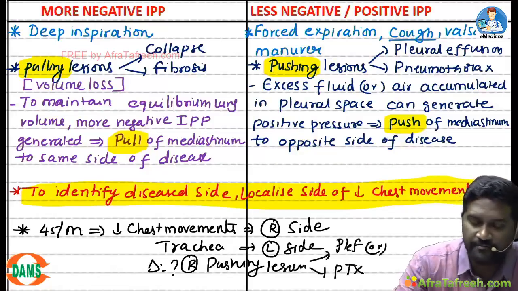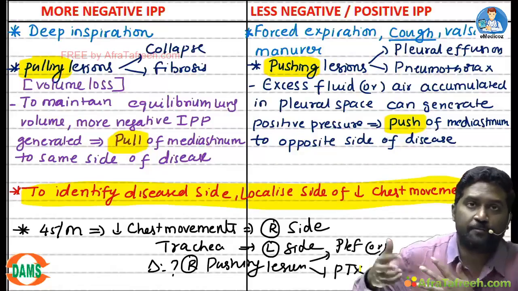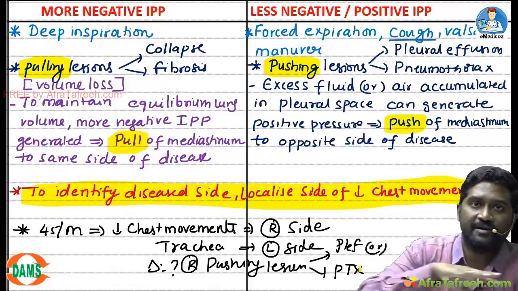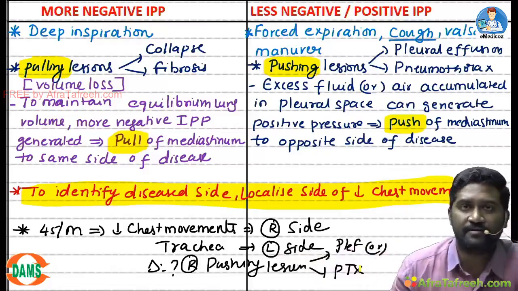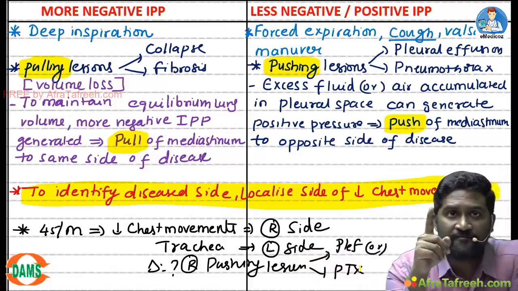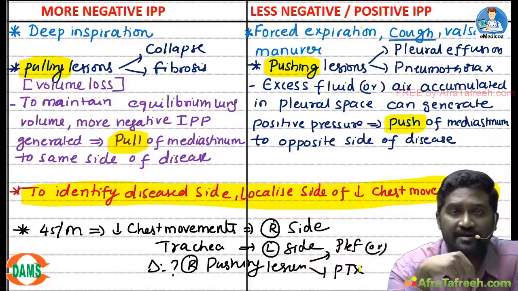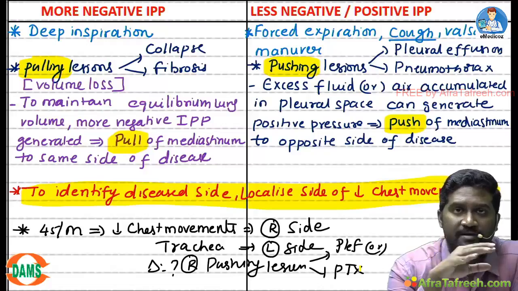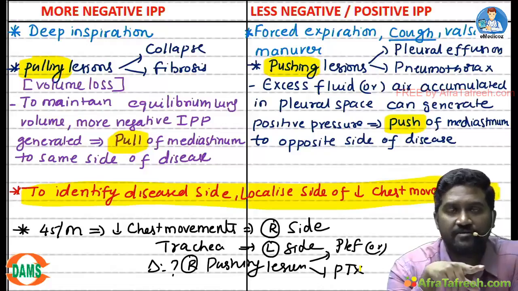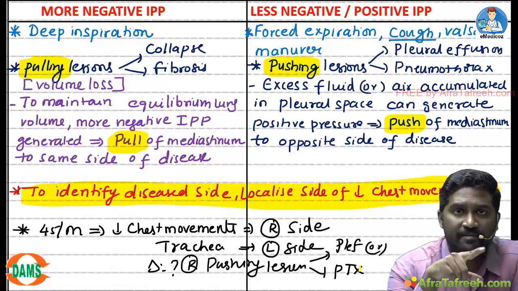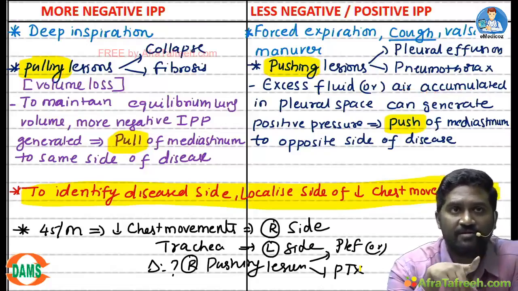Now how to differentiate these two? Just percuss, students. If you are getting a very, very dull note, it is fluid. If you are getting a very, very resonant note, it can be air. Later we will have a special session on clinical examination. There I will discuss all this in detail.